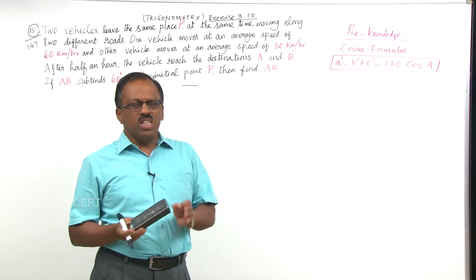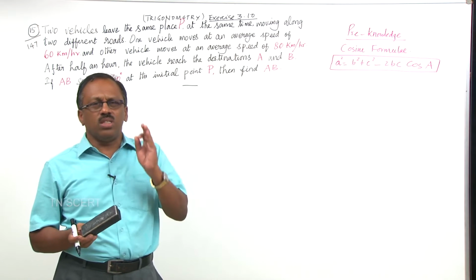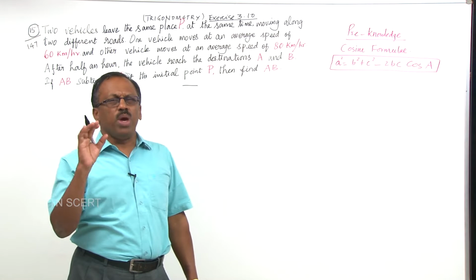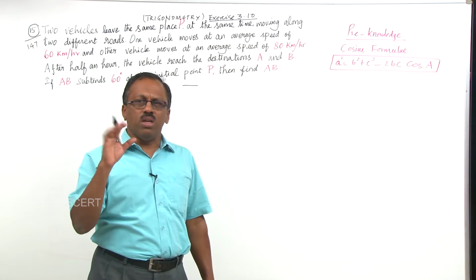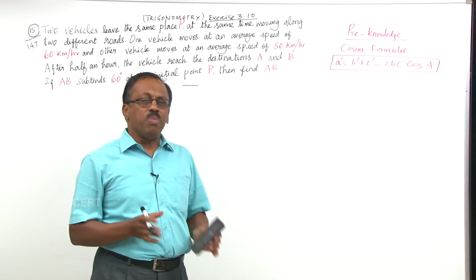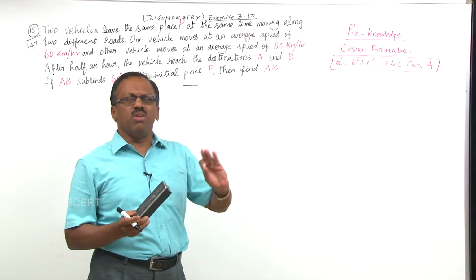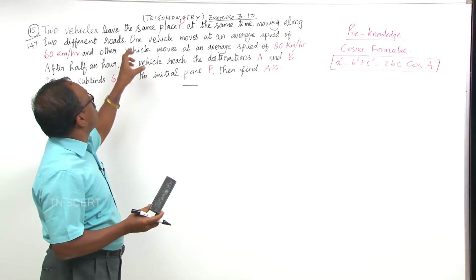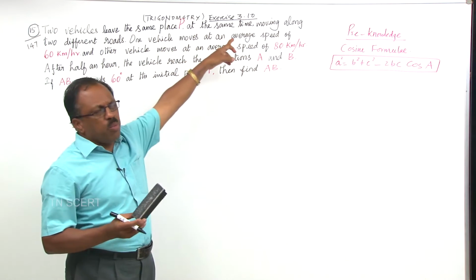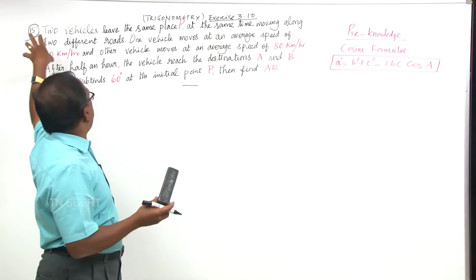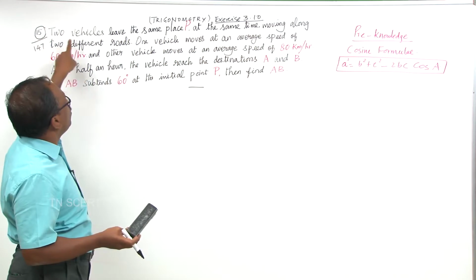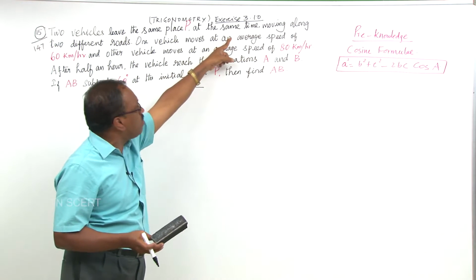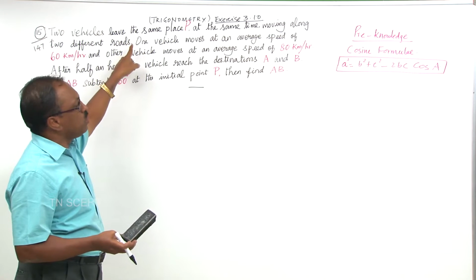Here the question has some kind of hitch, which we can call a trick. You may have different kinds of problems in trigonometry, but in this particular problem nothing is given; it is a very simple sum, the easiest problem. In Trigonometry exercise 3.10, problem number 15, two vehicles leave the same place P at the same time, moving along two different roads.